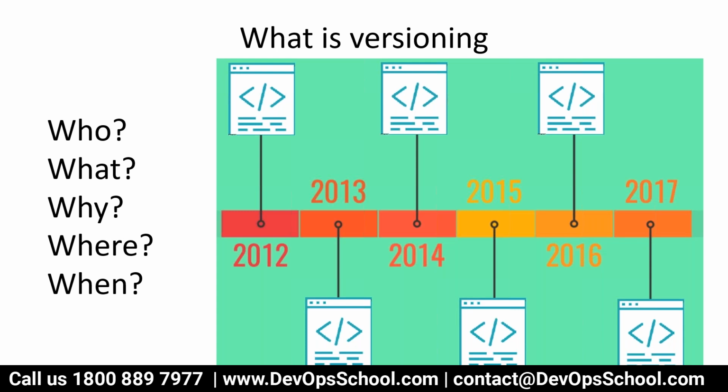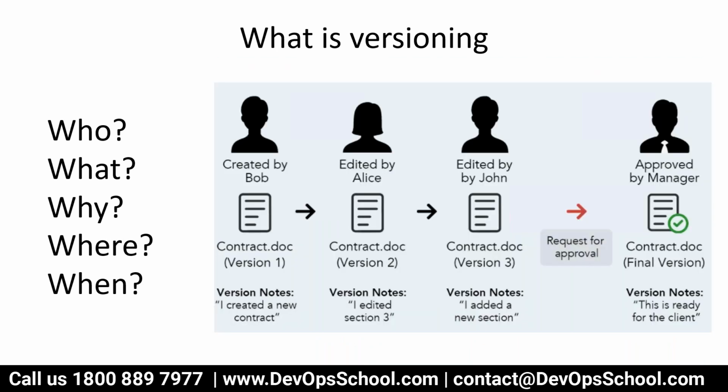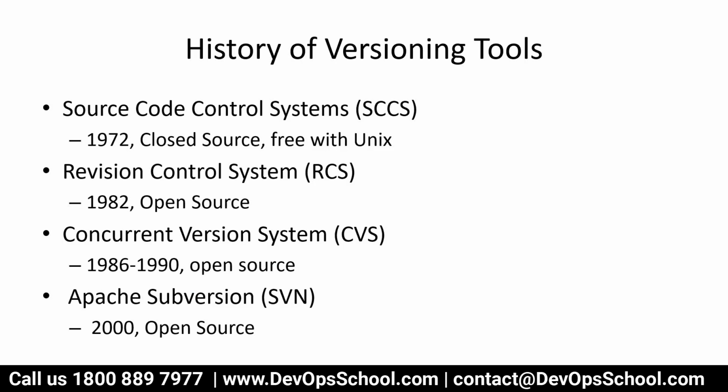So who, what, why, where, when, this is called versioning. Using this versioning process, a system, tool or platform will keep track of all this information, which is who, what, why, where, and when.